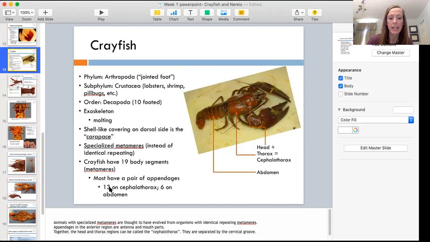There are 13 sets of appendages on the cephalothorax, okay? So when I say that, I mean that there's a left and a right, and so that makes up one pair. There are 13 pairs on the cephalothorax, and then 6 pairs on the abdomen, and we'll look at each of those. So let's move on to our next slide.